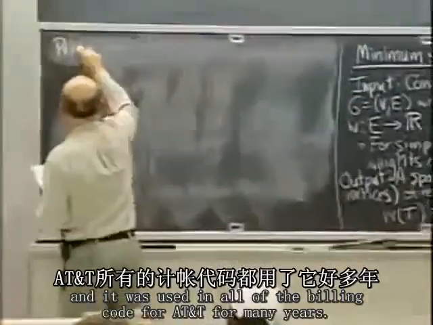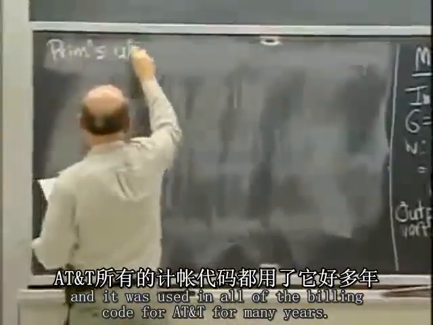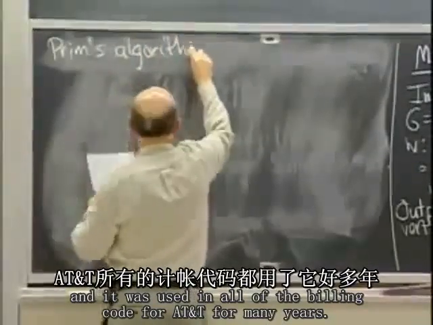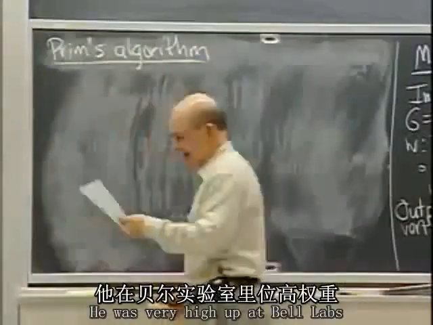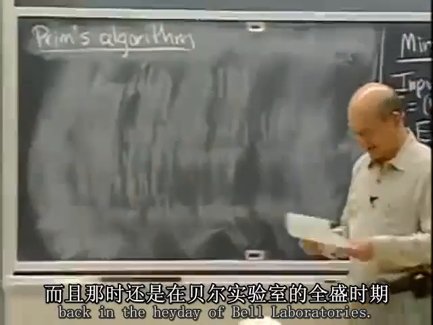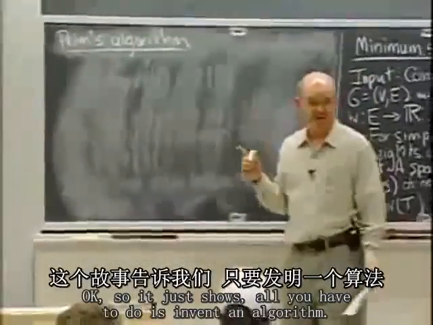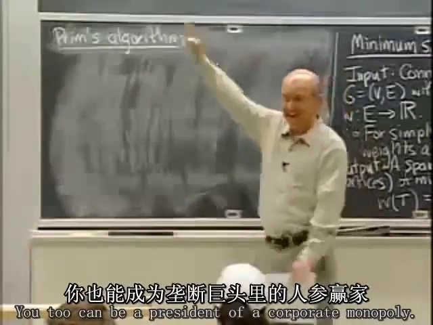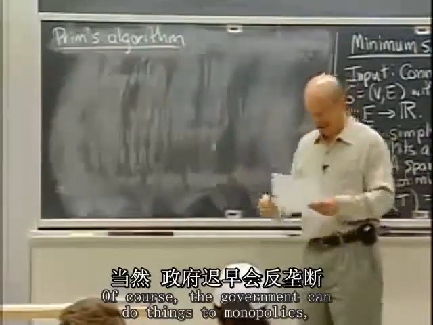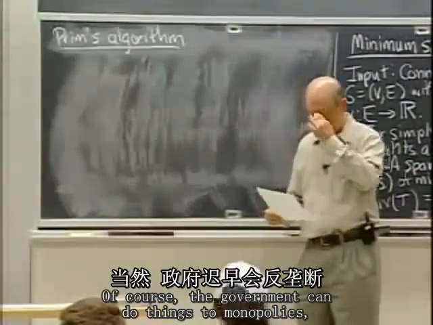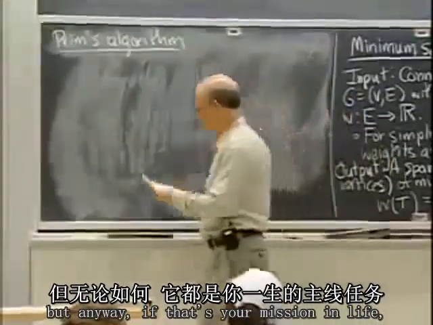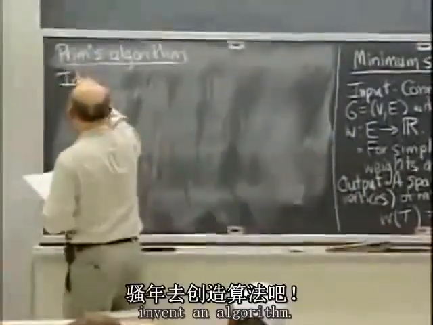It was used in all of the billing code for AT&T for many years. He was very high up at Bell Labs back in the heyday of Bell Laboratories. So it just shows all you have to do is invent an algorithm. You too can be the president of a corporate monopoly. Of course then government can do things to monopolies, but anyway, if that's your mission in life, invent an algorithm.